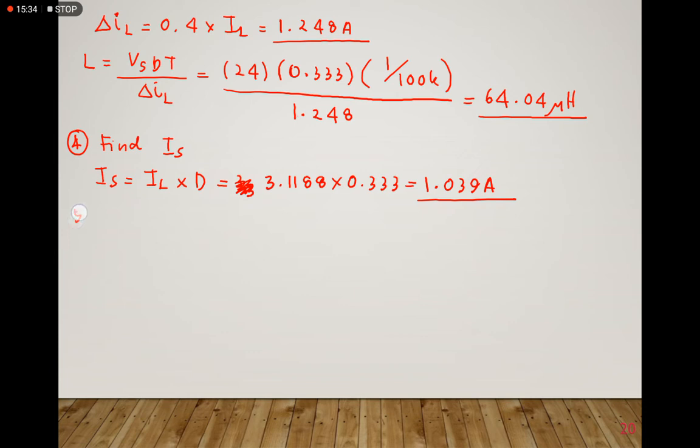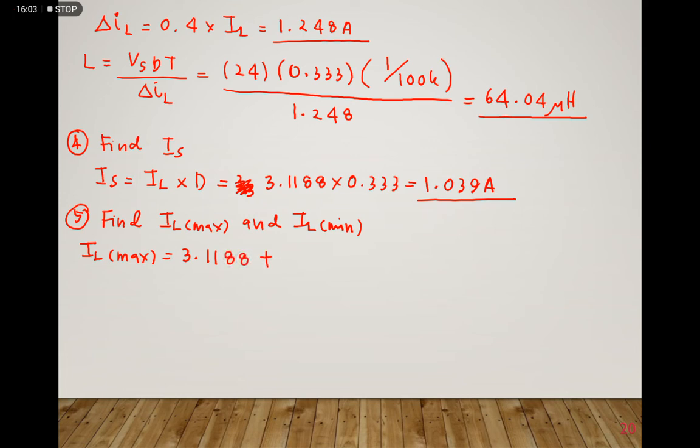And then step number 5, we need to find our IL max and IL min. IL max will be equal to our average inductor current, 3.1188, plus our delta IL, 1.248 over 2.